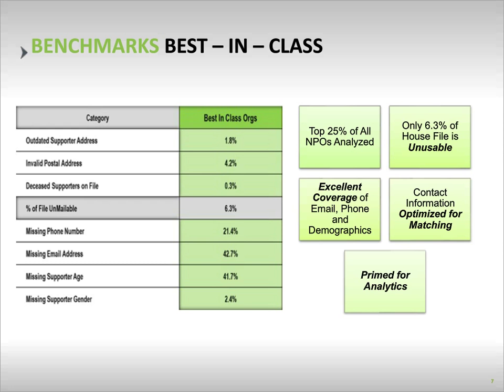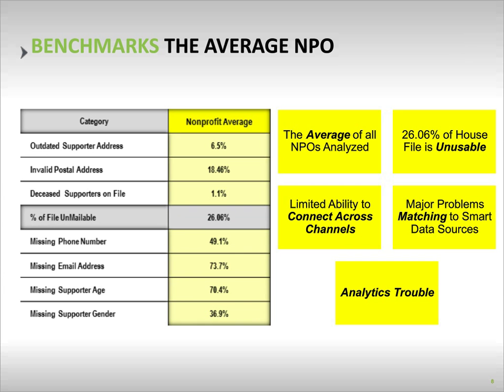So when we look at the average nonprofit, the story gets a little bit worse. We're looking at about 26% of the file in a state that is not usable. But even beyond that, roughly 50% of their file is missing phone numbers, and 73% of their file is missing email addresses. So not only can they not mail their individuals, they're lacking the phone numbers and emails to really communicate with their donors in an ongoing and successful manner.